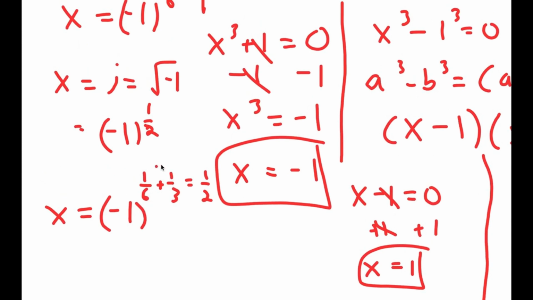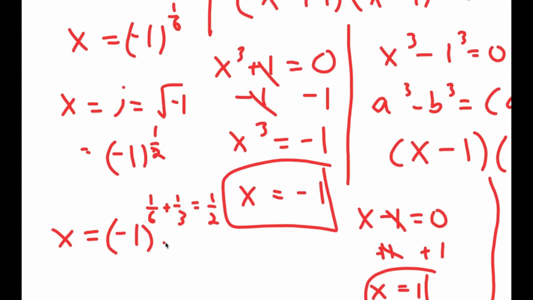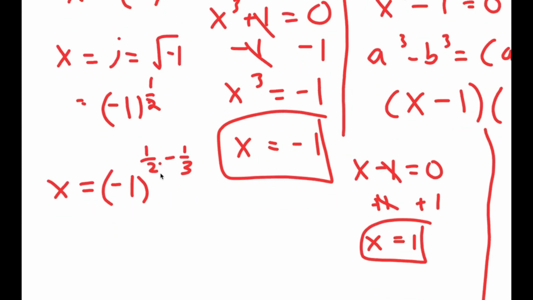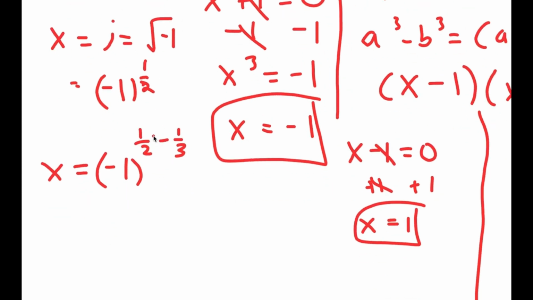We know this, meaning 1 over 2 minus 1 over 3 is what we can rewrite 1 over 6 as. Now, this is the same thing as 1/2 plus negative 1 over 3.